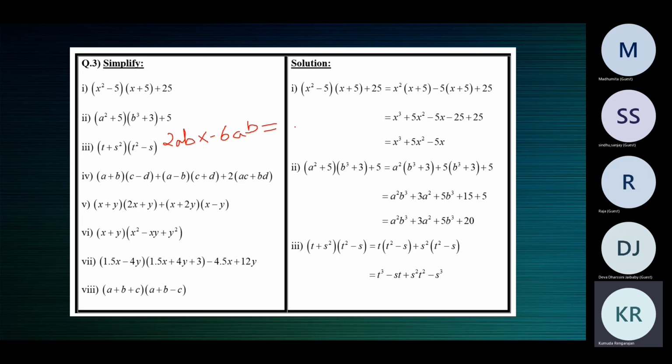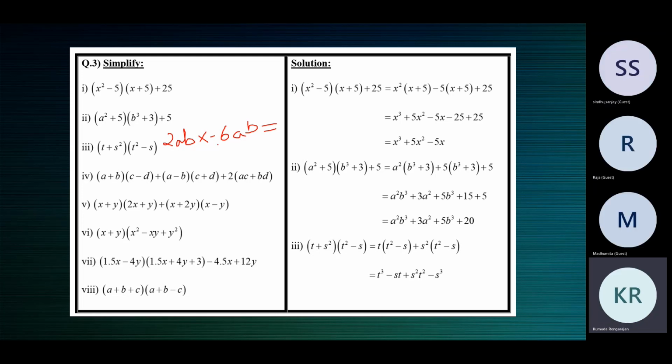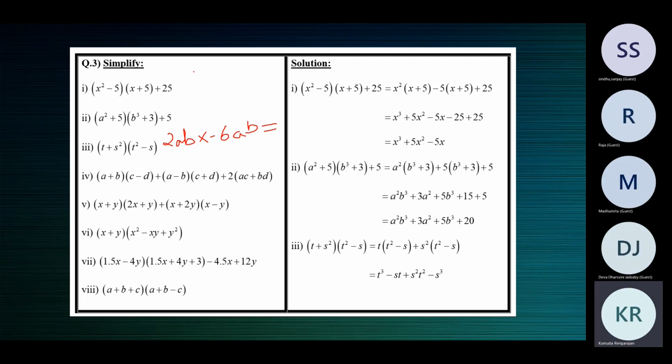You can multiply anybody. Now, 2ab and... now it's multiplication. You can multiply anything and everything. When you multiply, the answer may be a like term, may not be a like term. See now, it can be anyways.